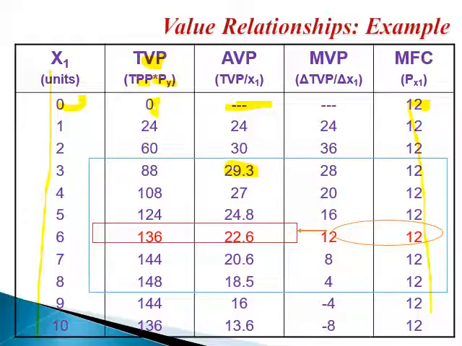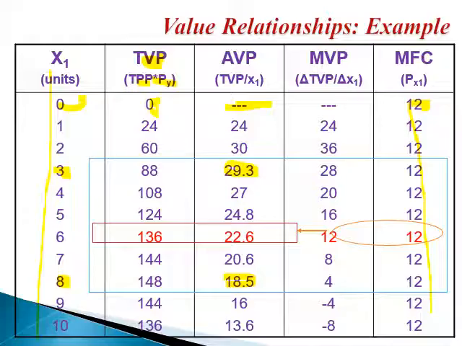This is the contribution of the single unit of the variable input to my total revenue, given that I am using 3 units of the variable input. Suppose that I used 8 units of the variable input. What is the average contribution of the single unit of x1 in terms of total revenue? In that case, it will be 18 pounds 0.5. This is for the numbers that are of average value product of the variable input.